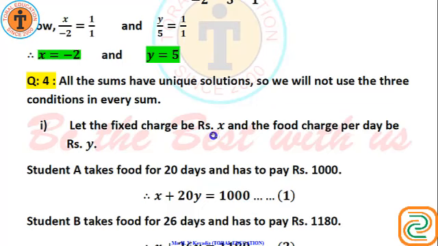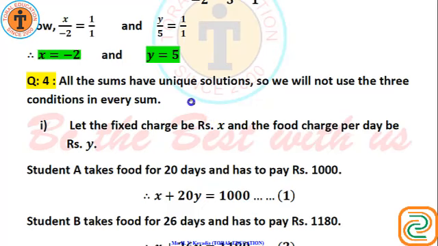Here, form the pair of linear equations in the following problems and find their solutions if they exist by an algebraic method. Friends, here are the questions, and the questions have solutions. So all the sums have unique solutions, we have assumed.